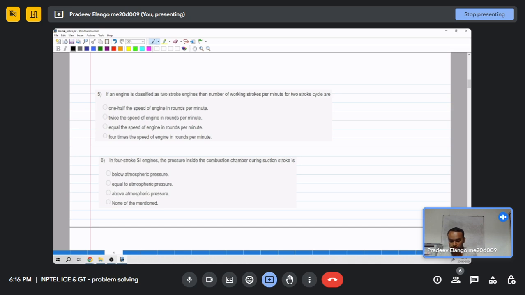For a two-stroke engine, the number of working strokes per minute. How? This is a two-stroke engine.